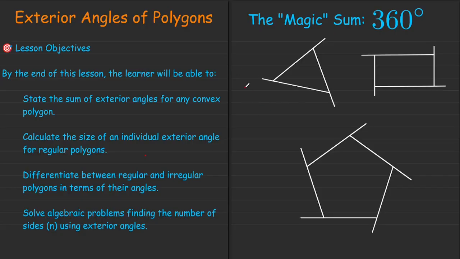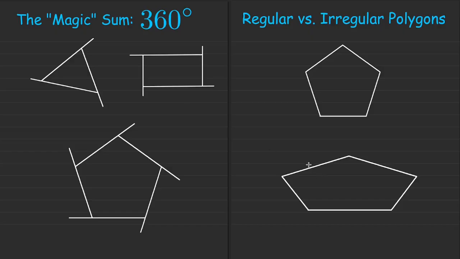So now that we know this, let's look at the difference between a regular and an irregular polygon. Then I'll let you know why you need to know the difference between these two. To explain what regular and irregular polygons are, let's look at these two pentagons. We know it's a pentagon because it has 5 sides.